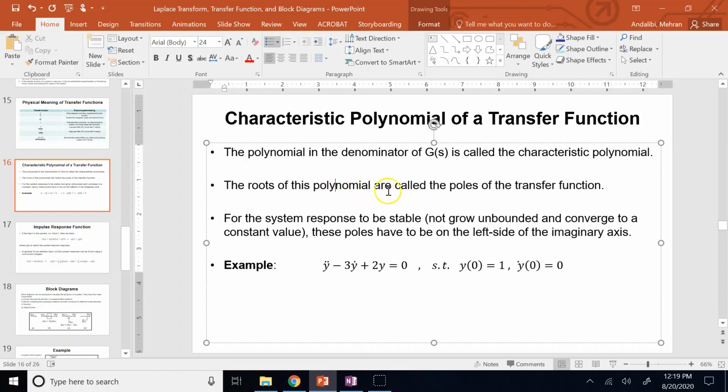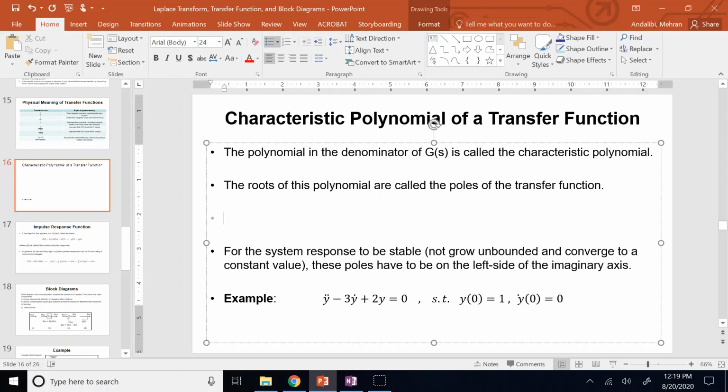The roots of that characteristic polynomial we call the poles of the transfer function. Let me add one more thing. The roots of the numerator of a transfer function are called zeros.